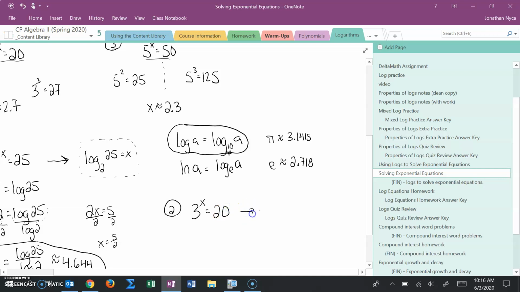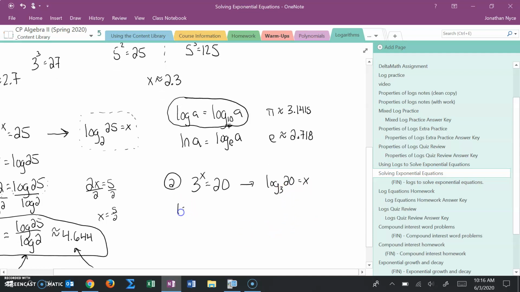Again, we could rewrite this as log base 3 of 20 equals x, but our calculator doesn't have a log base 3 button, so that's not going to help us. So we're going to use log base 10 since our calculator has that button, or just log both sides.